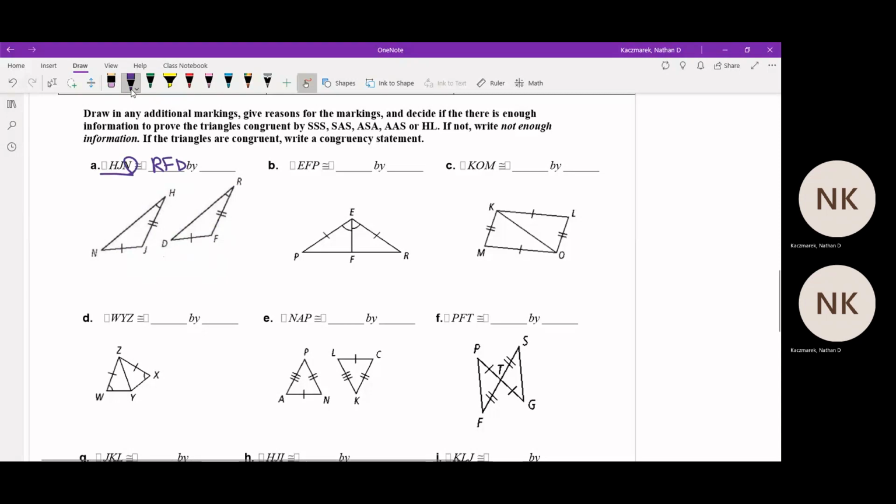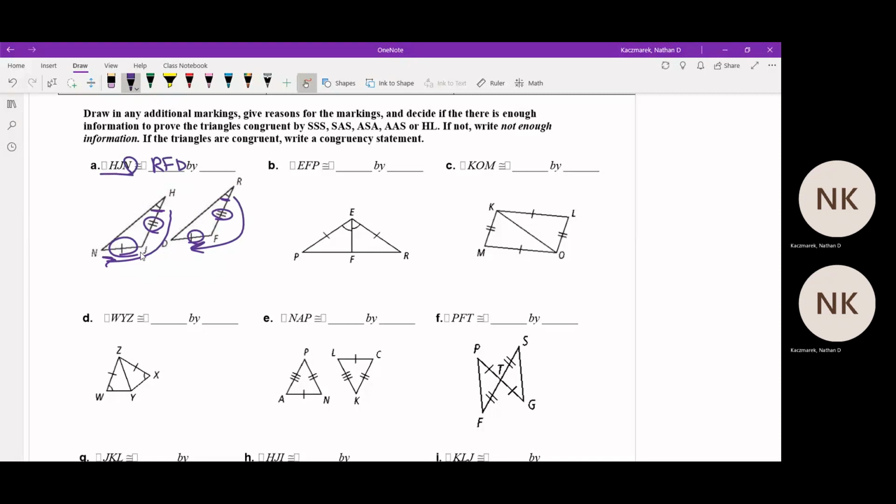Now I have to think, okay, what is the theorem I can use that maybe will say that these are congruent? Well, I have an angle. And then if I keep walking around my triangle, I'm going to hit a side that I know is congruent. And then I have another side. So if we look above, do we have anything talking about angle, side, side, or side, side, angle?